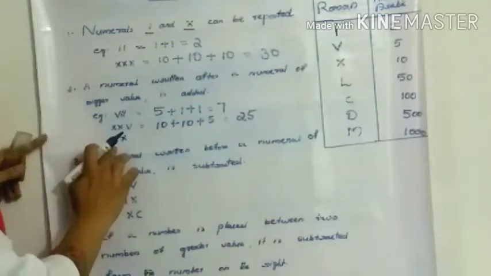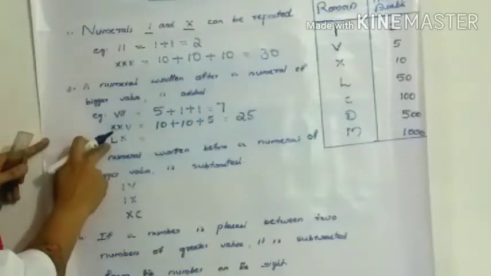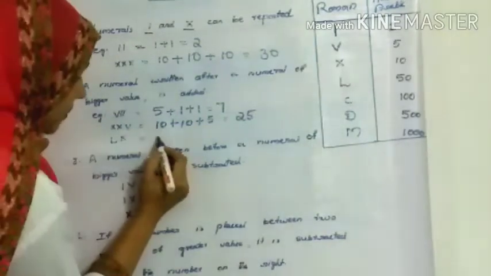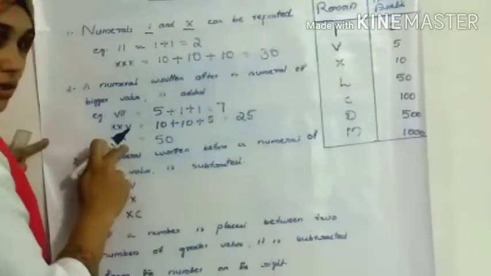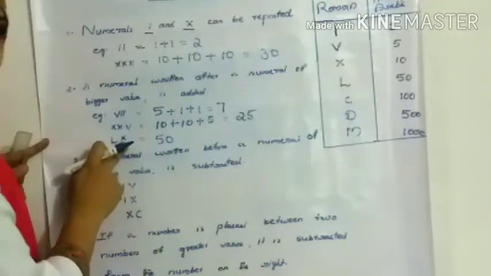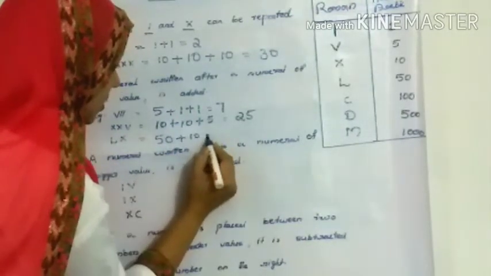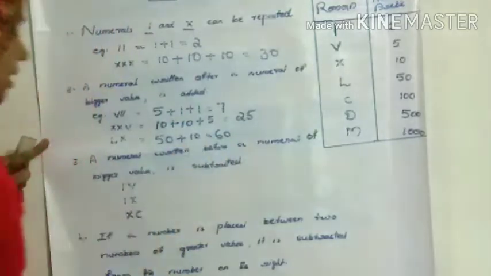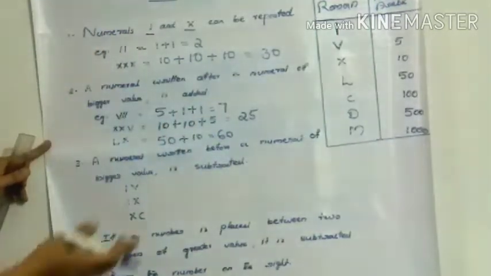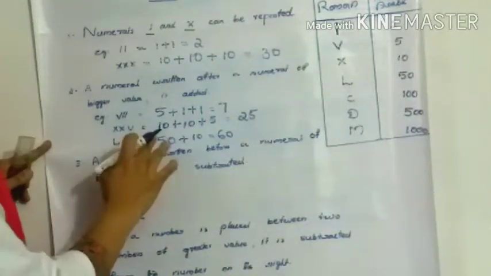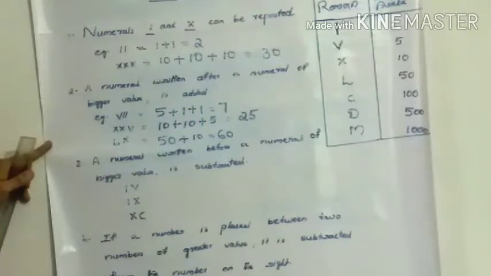The next one, L represents 50 and X represents 10. 50 plus 10, 60. A smaller value written after a bigger value can be added.